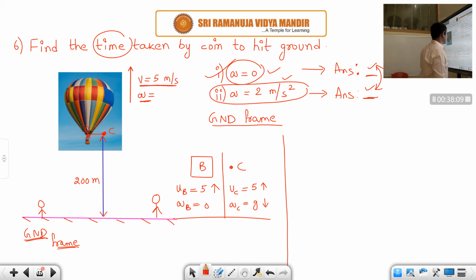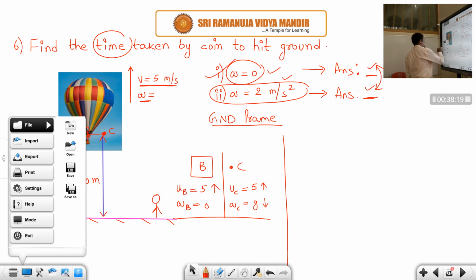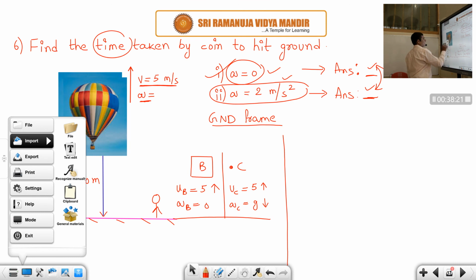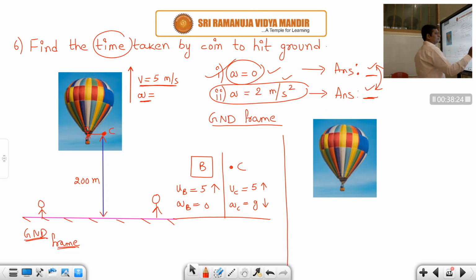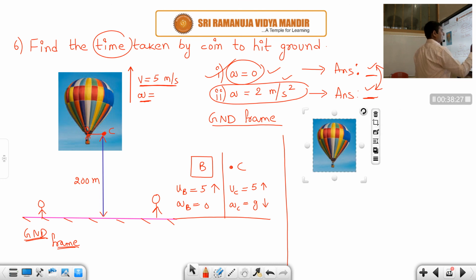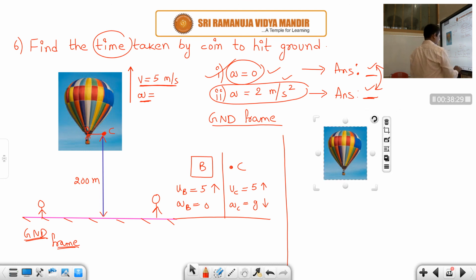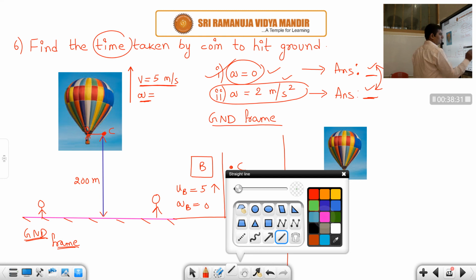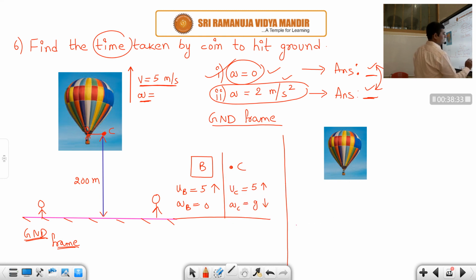So what I have to do, students, from the ground frame, is first see the path. First I'll draw the ground. This is the ground. Now I am solving from which frame, students?